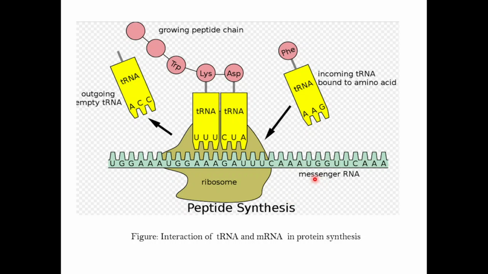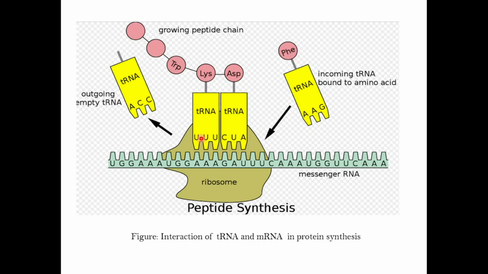Look, this is a messenger RNA. Messenger RNA carries the codon sequence. Transfer RNA has an anticodon arm. That anticodon arm recognizes codons carried by messenger RNA. Then it recognizes that sequence.